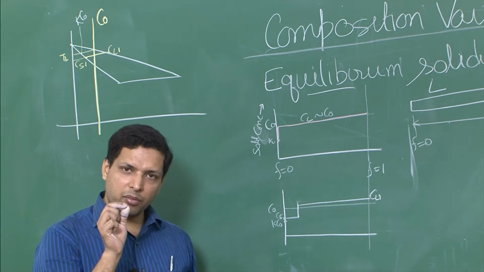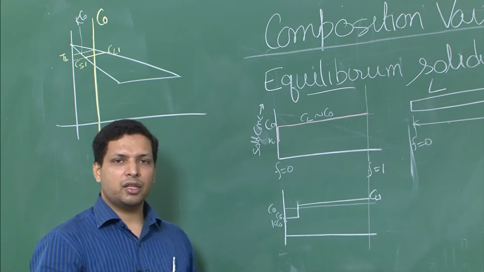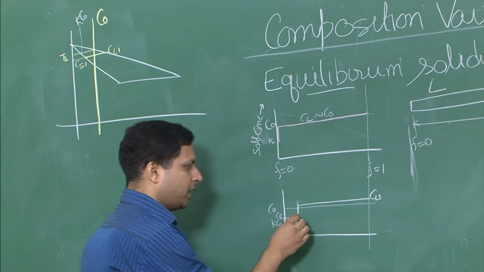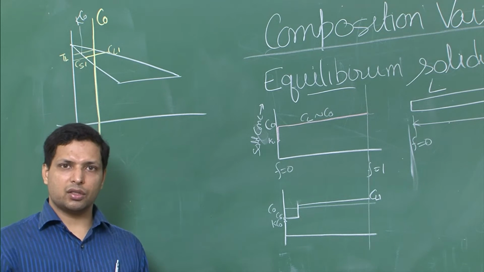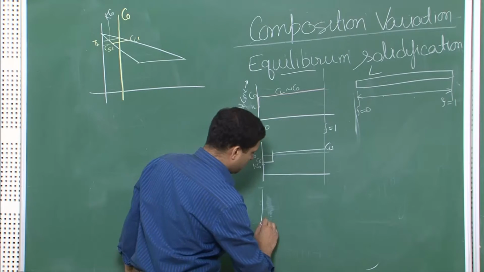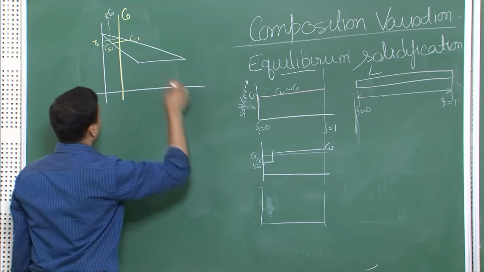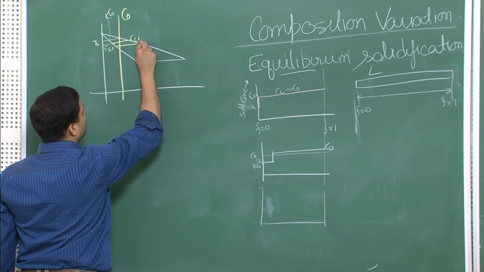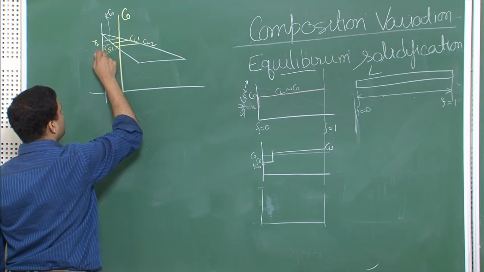The liquid that formed at that particular temperature should be of this concentration, but we are assuming that inside the solid the diffusion is so fast that any point inside the solid is also at this concentration. Similarly, if you keep going further inside the solid or further solidifying it, let us say we are at a still lower temperature, so we are at Cl2 and this is CS2.